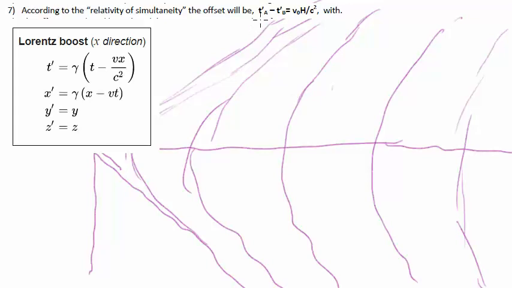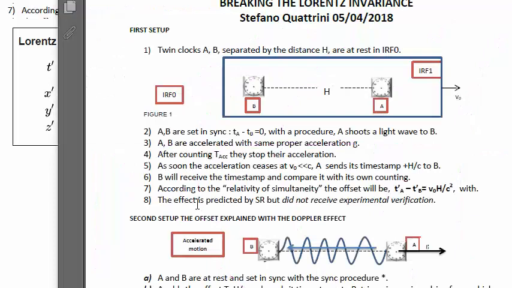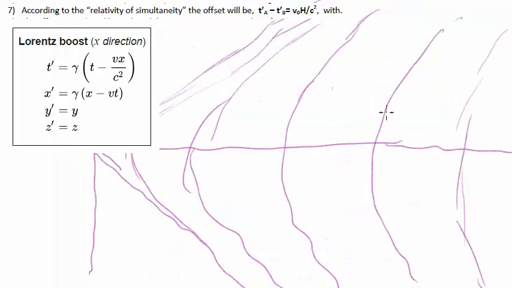Did he define those terms earlier? He said, I guess, T sub B sends its timestamp plus H over C to B. So T sub A is plus H over C. Let's do that: T sub A equals H over C. Okay.